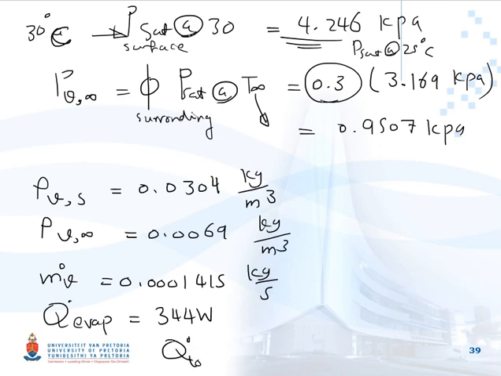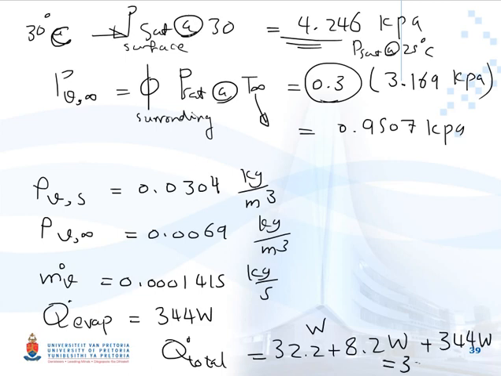Q dot total will be 32.2 plus 8.2 watt plus 344 watt, which is equal to 385 watt. Just look at that, compare 344 with 8.2 or 32.2.